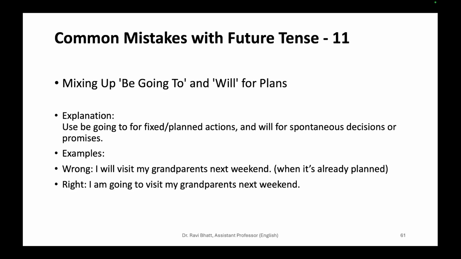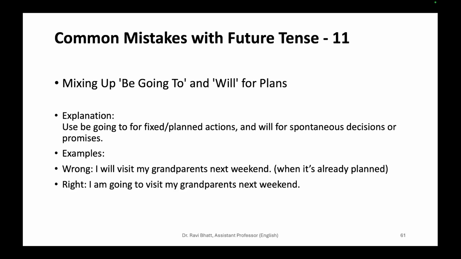Moving on with the last one, the last mistake, mixing up going to be and will for plans. Okay, now use be going to for fixed or planned actions and will for spontaneous decisions or promises. Okay, now see, if your visit to your grandparents is planned for the next weekend, generally we use going to.